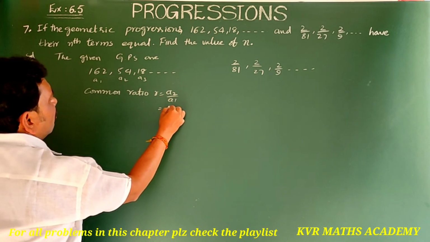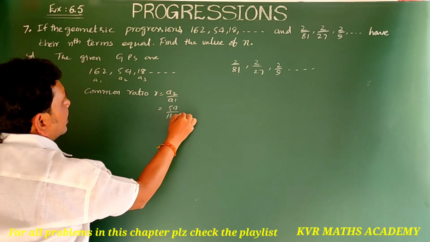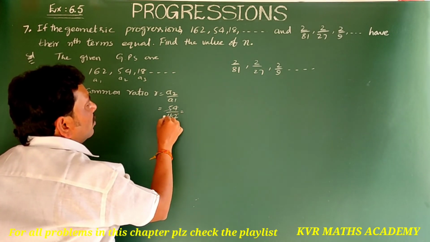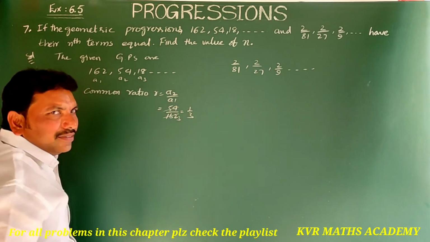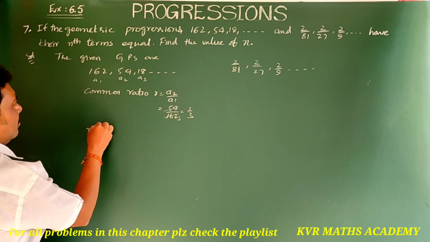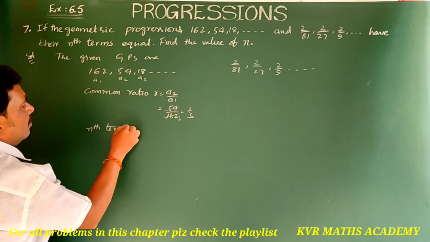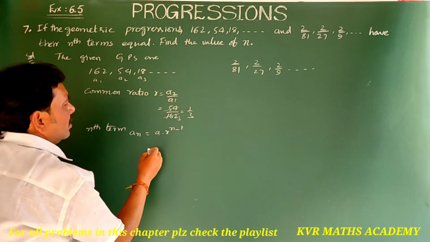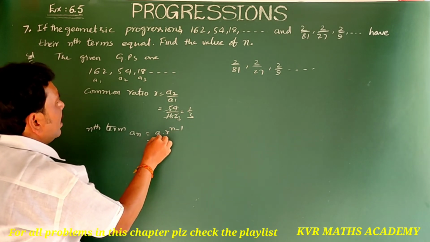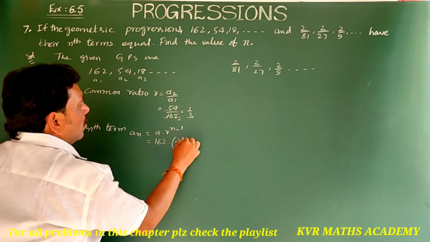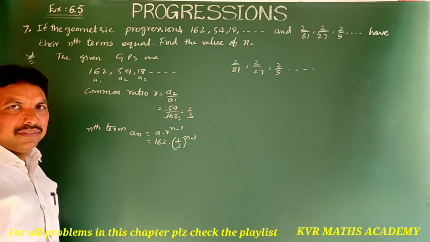That is equal to 54 by 162, that is equal to how much? Yes, 54 3s are 162, 1 by 3. Now nth term an is equal to a into r power n minus 1. So that is equal to a means 162 into r is 1 by 3 whole power n minus 1.